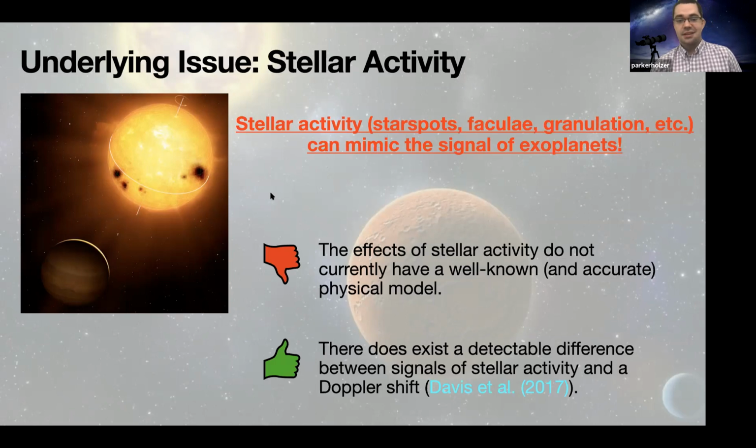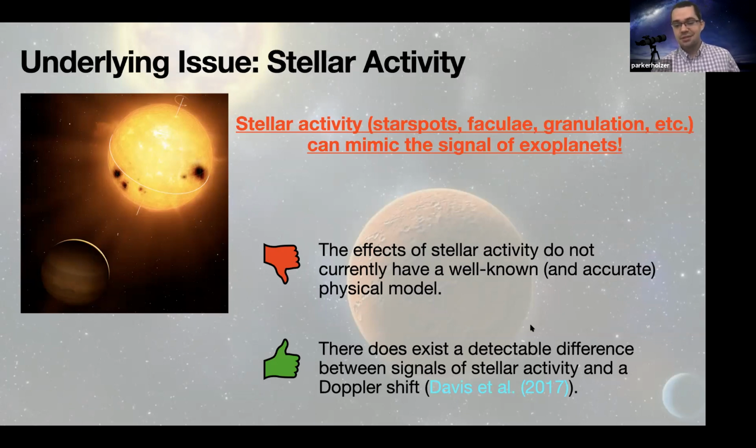What makes it even more of a challenge is that stellar activity does not really have a very well-known and accurate enough physical model. And so we don't really know exactly what the signal of stellar activity is. We know that it is kind of similar to the signal of a Doppler shift, but we don't know much about how it's different.